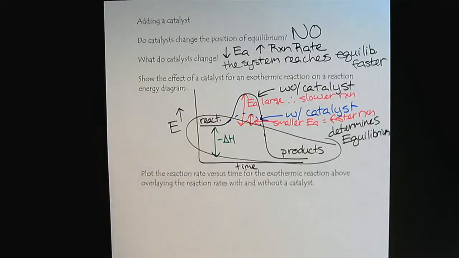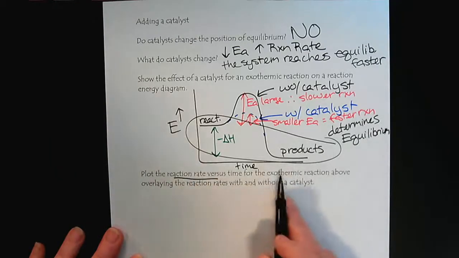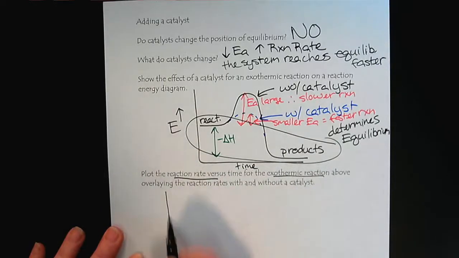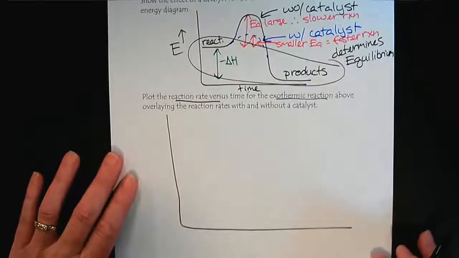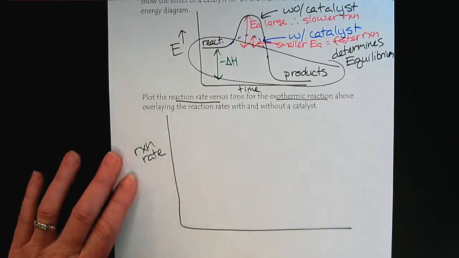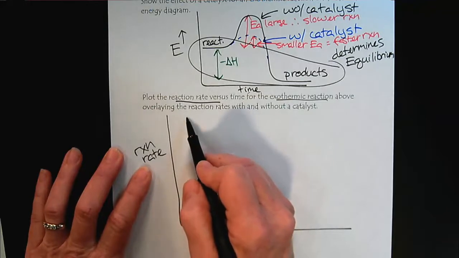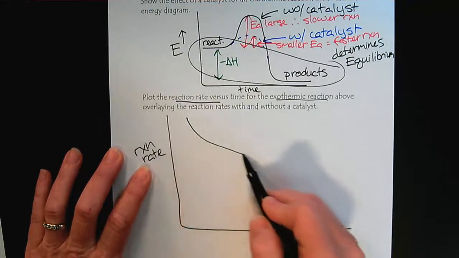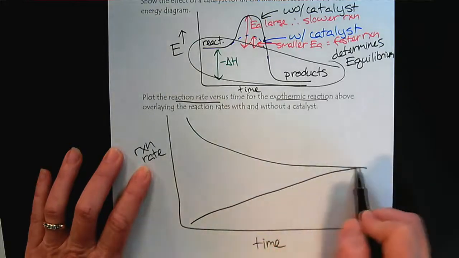And just to come full circle here, let's think about what happens to reaction rates for this reaction above. This is where we started looking at equilibrium. So here we're back at reaction rates, and this will be time. Without a catalyst, it takes quite a bit of time for the forward and reverse reactions.